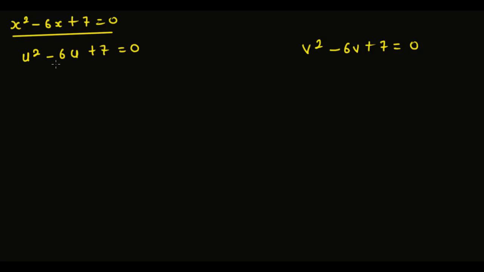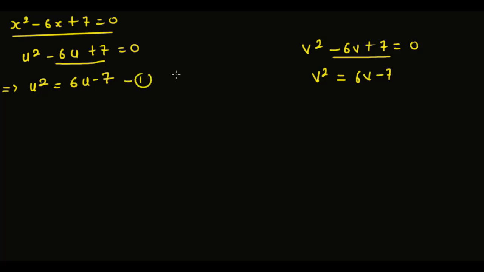Now we're going to move this side of the equation to the other side and do the same for this side of the equation. So now this implies that u squared is equal to 6u minus 7, and also v squared is equal to 6v minus 7. So now we're going to call this equation 1 and then call this equation 2.